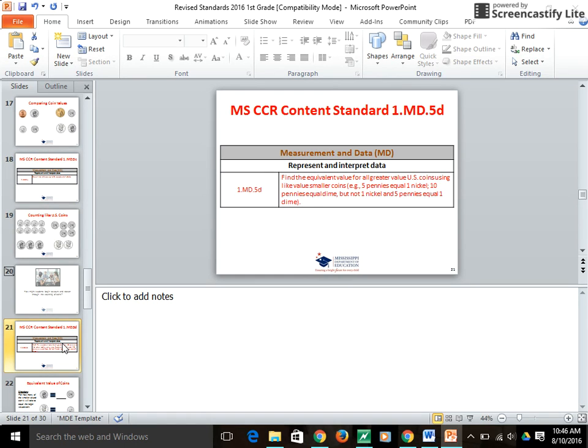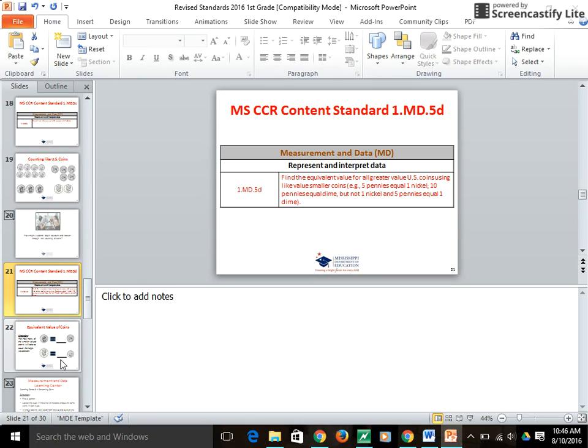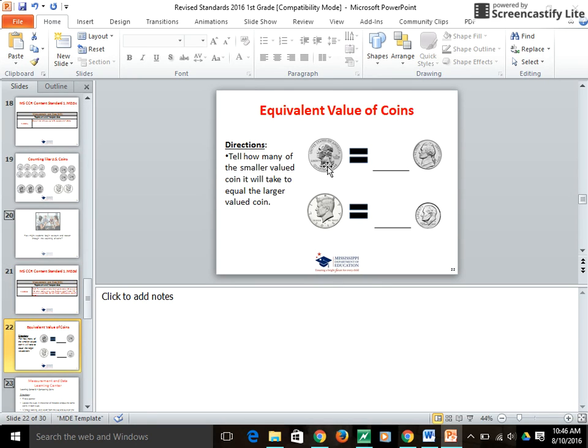And here is our last one. Find the equivalent value for all greater value U.S. coins using like value smaller coins. What this looks like, and they give you some examples there, is if I'm making a quarter, how many nickels would it take? If I'm going to make a half dollar, how many dimes would that take? So I'm not mixing dimes and nickels or pennies and nickels or anything like that.